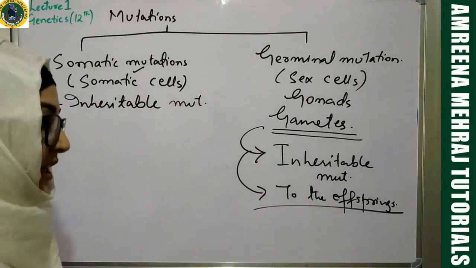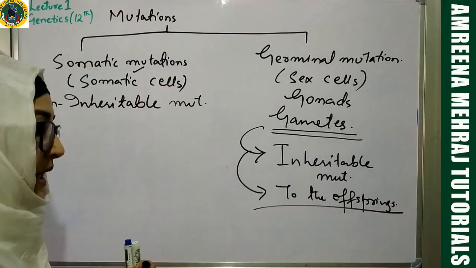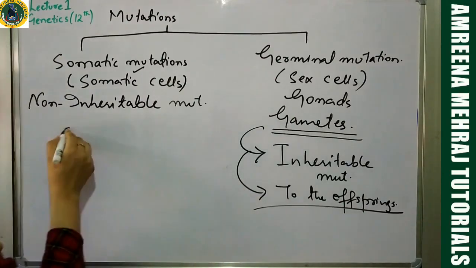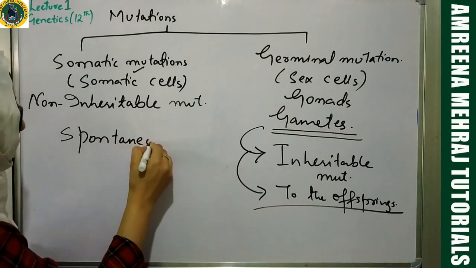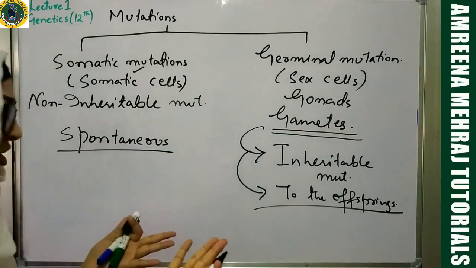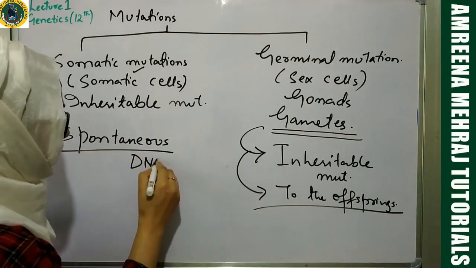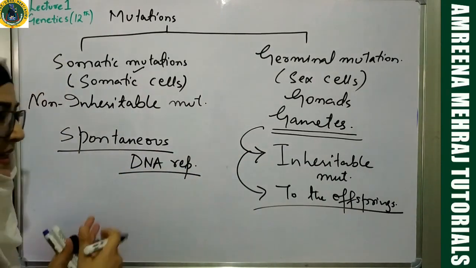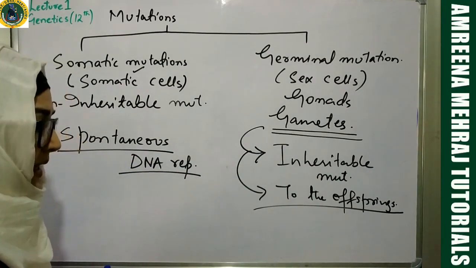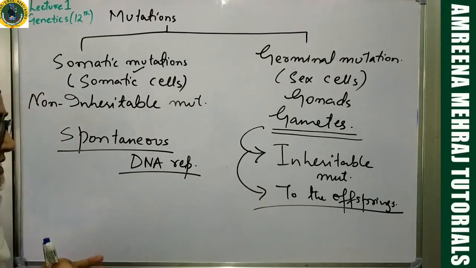Another way of classification is that mutations could be spontaneous. Say for example, we can say mutations are spontaneous, arising as such maybe during the process of DNA replication, because the enzyme which is synthesizing DNA, that is your DNA polymerase, has not got 100% fidelity.